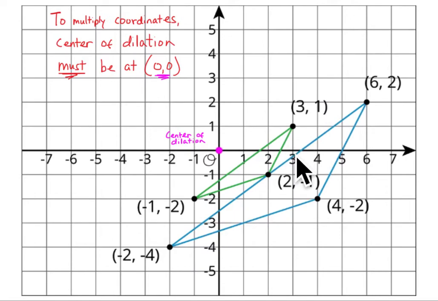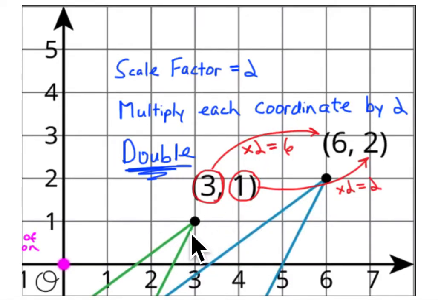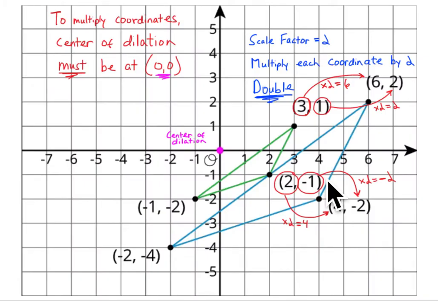And it goes in the vertical direction 1 unit, so 2 times 1 is 2 units. So it's going to get you out to this coordinate 6, 2. So multiply each coordinate by 2, which is double. So these 2 points, 3 times 2 is 6, and 1 times 2 is 2. So you're going to move from this point, 3 times 2 is 6 units, and 1 times 2 is 2 units. So you're going to move out to 6 and up 2.